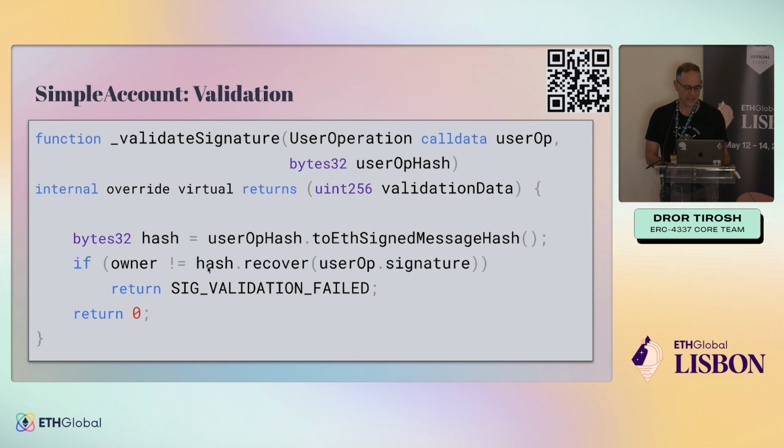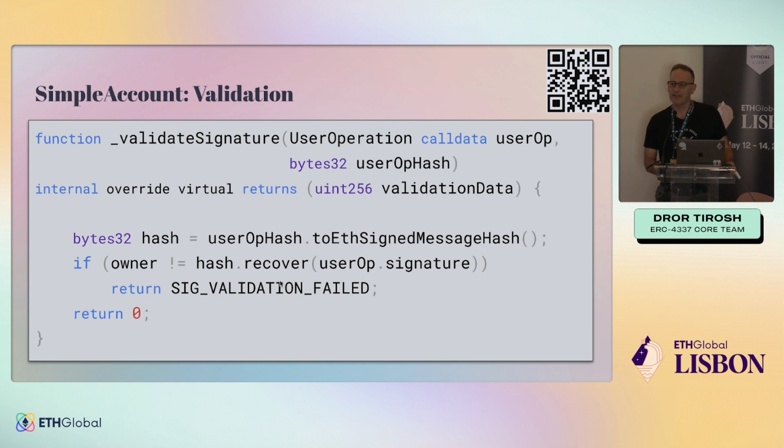One thing you notice is that it returns an error in case the signature failed. It could revert, but there are many reasons for a validation to fail, like the signature could be of the wrong length, wrong type, some other validations you would like to check here. But for a signature validation check, we add a return value.